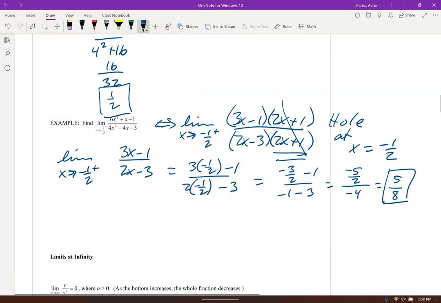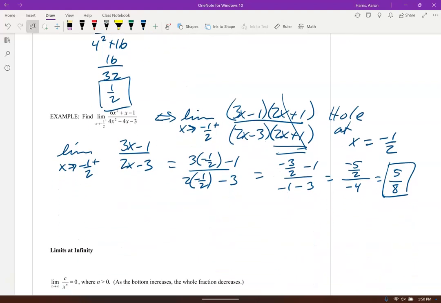All right, again, it approached. If you would have graphed this, you would have still had at 3/2 the vertical asymptote, but at negative 1/2 it had a hole. I didn't draw that very well.